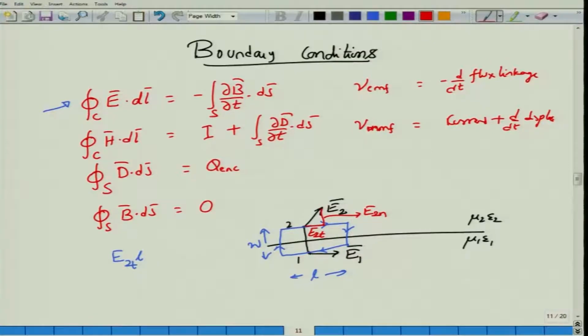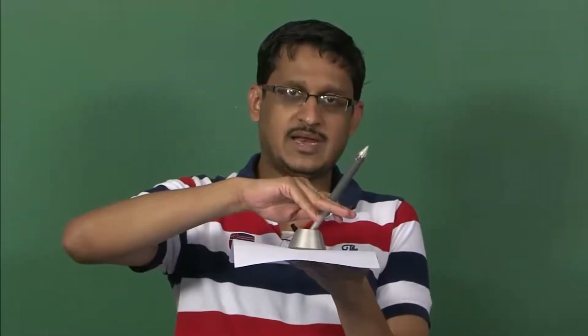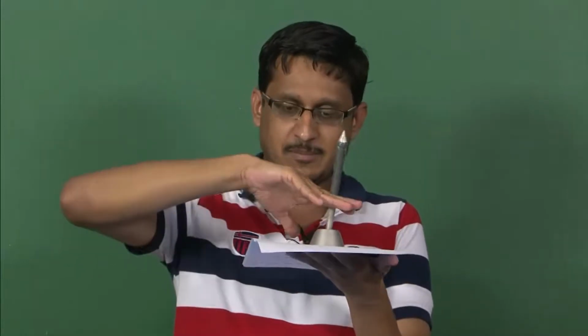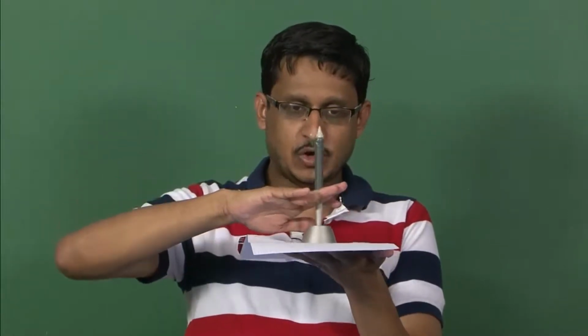So this is not really the path that you are looking at. Imagine again that this is my boundary, and this is how my electric field is present. If I take the path along this paper, I need to first decompose this electric field into normal and tangential components.